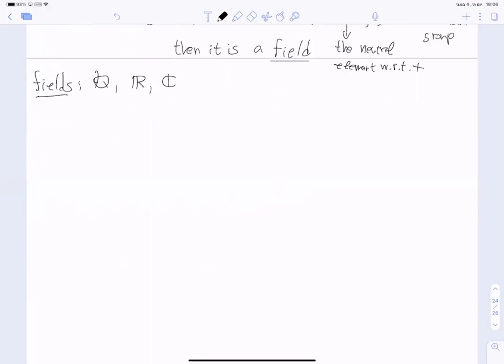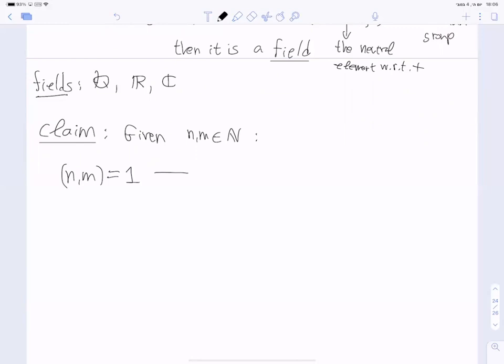Claim: I claim that given two natural numbers, if they are coprime, then the cyclic group Znm is isomorphic to Zn direct product with Zm.